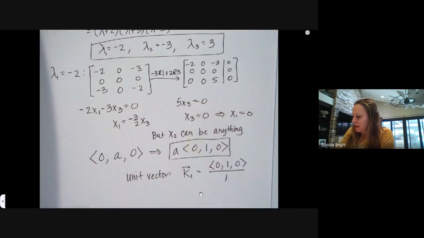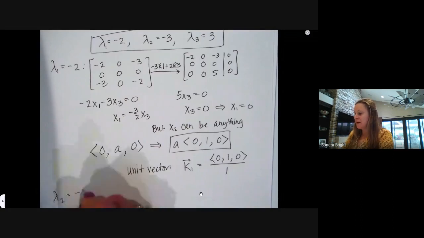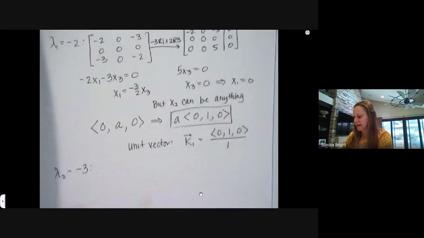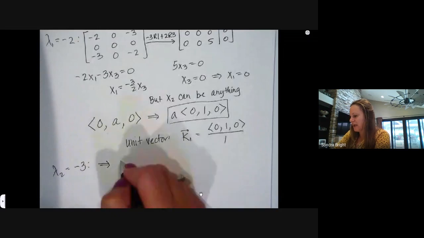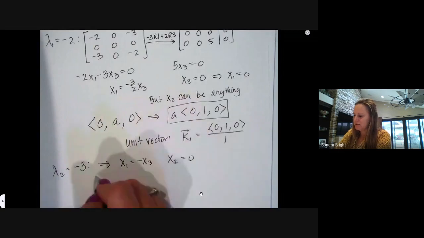Doing when your eigenvalue is negative 3, I'm going to let you work it out. You'll have a whole bunch of math magic that happens in there. You'll end up getting that x1 is equal to negative x3 and x2 is equal to 0. Math magic.